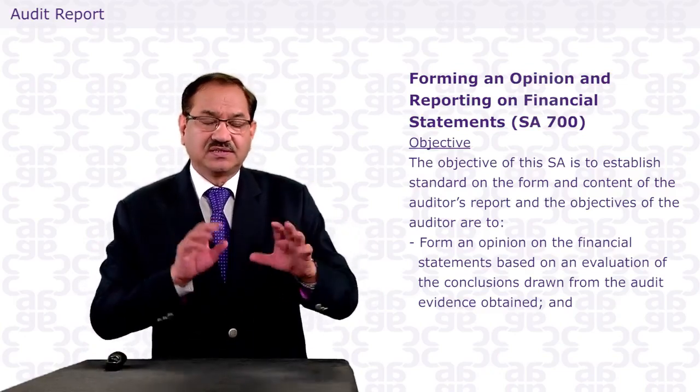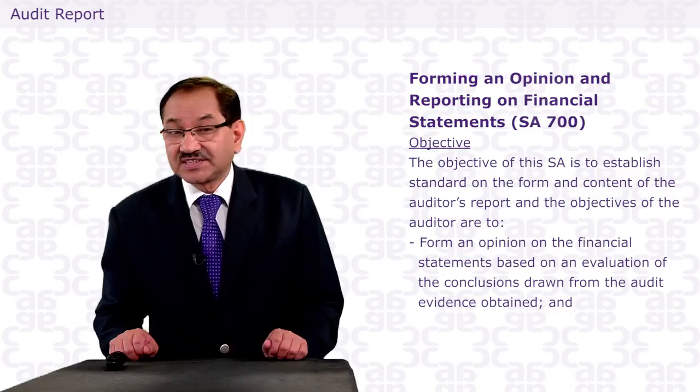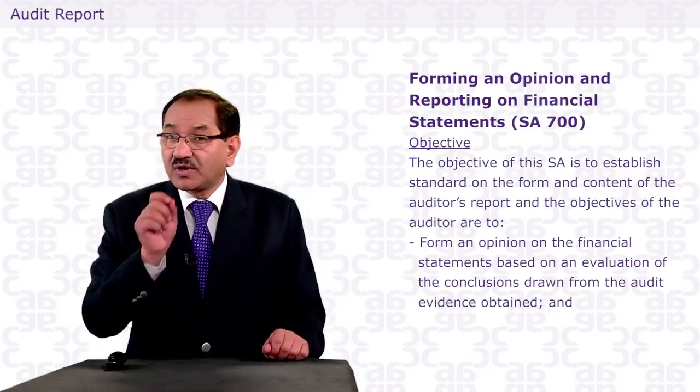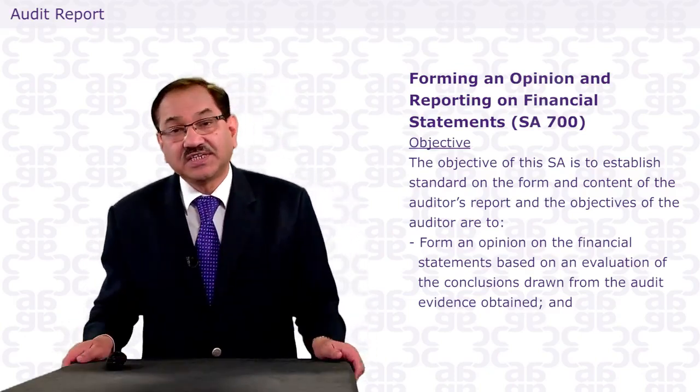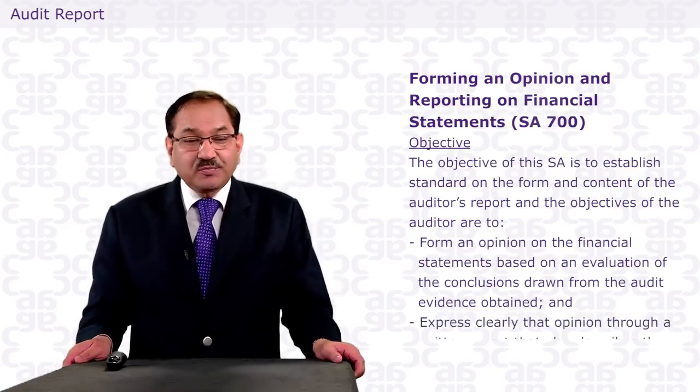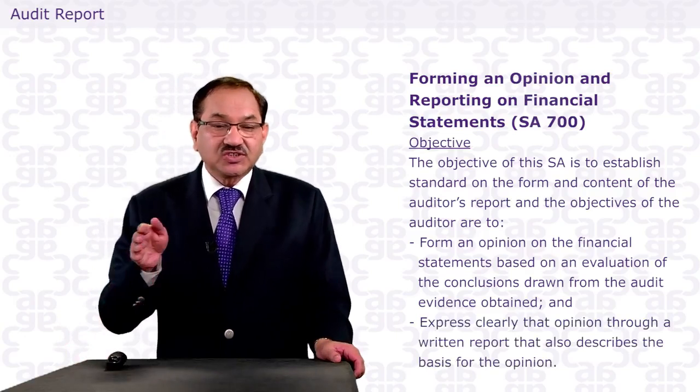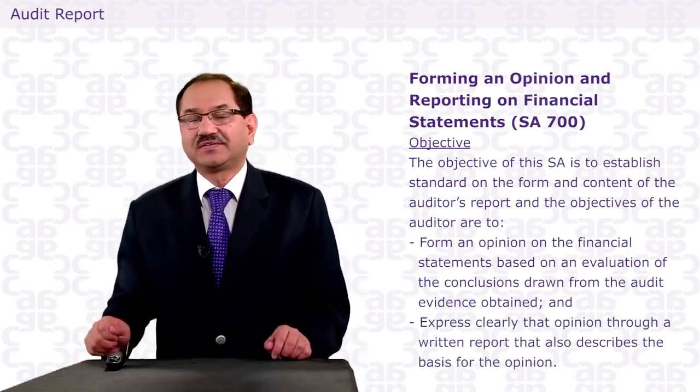That opinion is expected from the auditors. So, such an opinion must be there in the form and contents of the audit report. Express that opinion clearly through a written report that also describes the basis for the opinion.